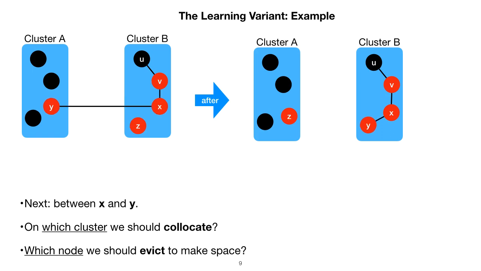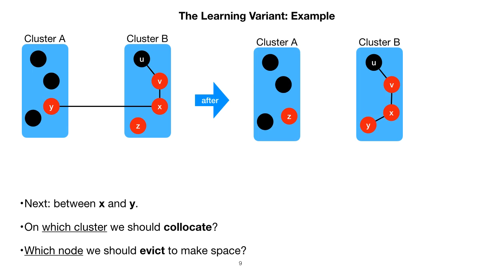Similarly, the next request arrives between nodes Y and X, and the algorithm collocates the two nodes by moving node Y to cluster A. This time, node Z is the only isolated node left on cluster B, and the algorithm moves node Z to A to make space for node Y. Clusters A and B on the right are already in the perfect partition, which means there can't be any more intercluster requests, and we are done.